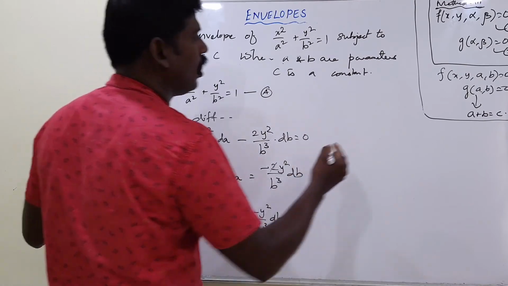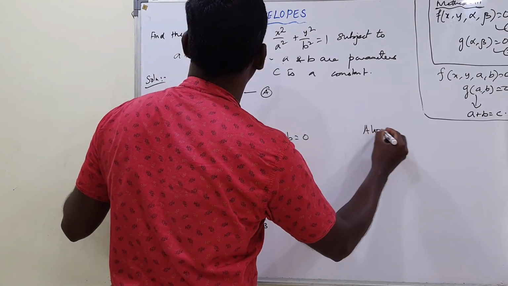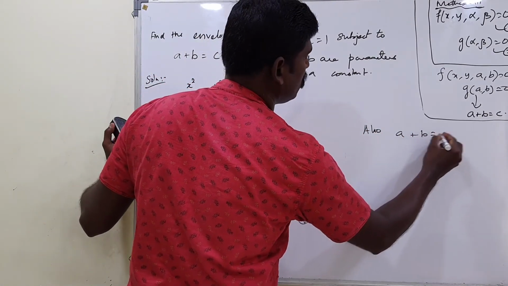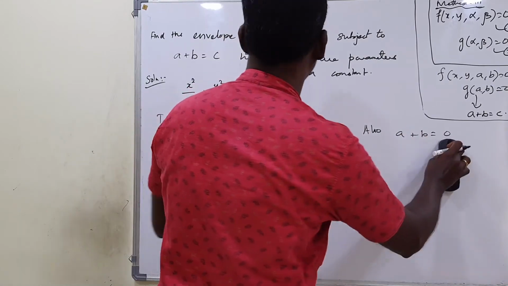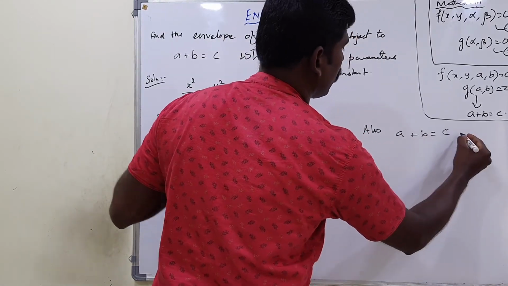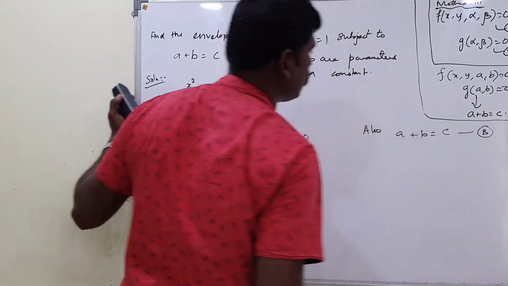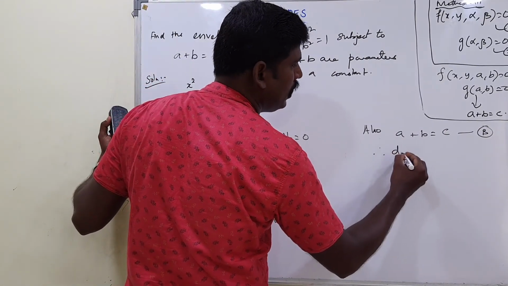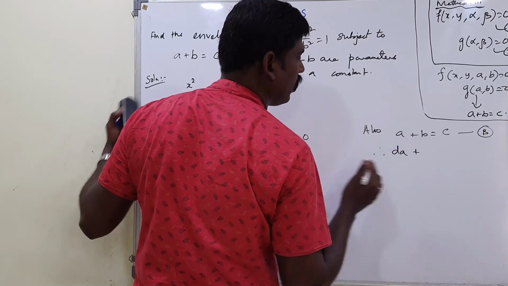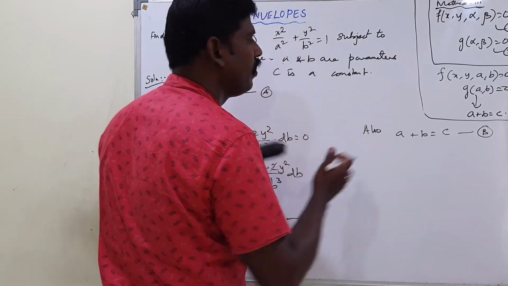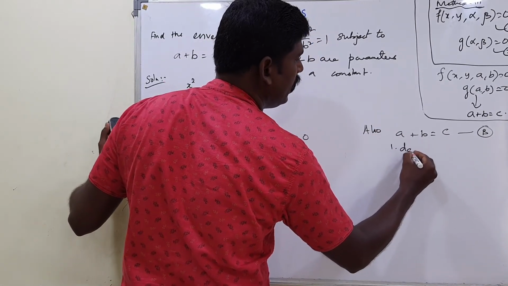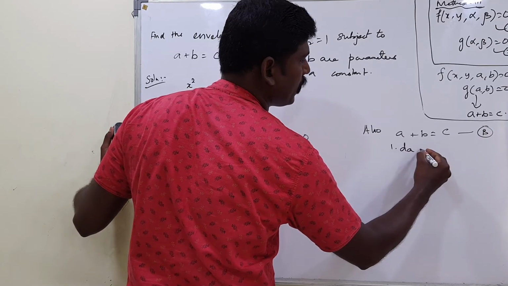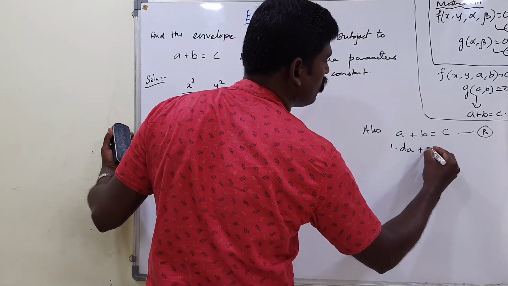Then also, what is given? a + b = c. We call it equation B. Now I am going to take differentials. Therefore dA plus dB equal to 0, since the derivative of a is 1 into dA, and the derivative of b is 1 into dB.